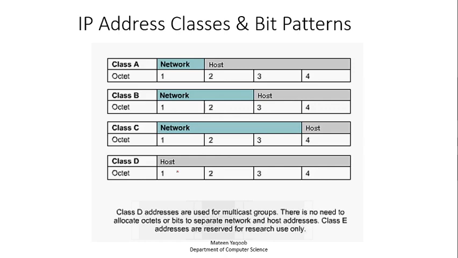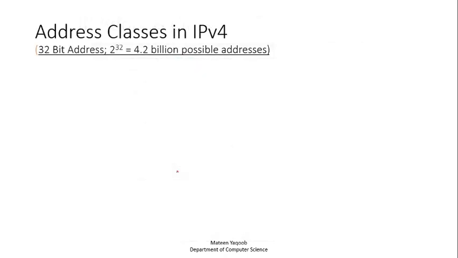Usually class D addresses are used for multicast groups, and there is no need to allocate octets or bits to represent the network and the host address, and class E is reserved for research purposes only.